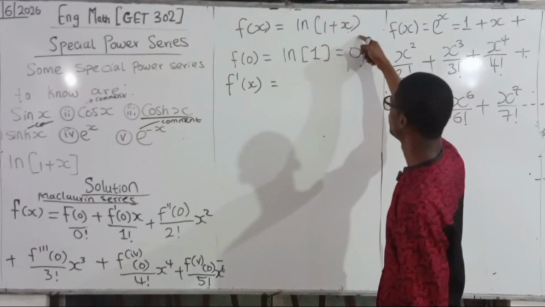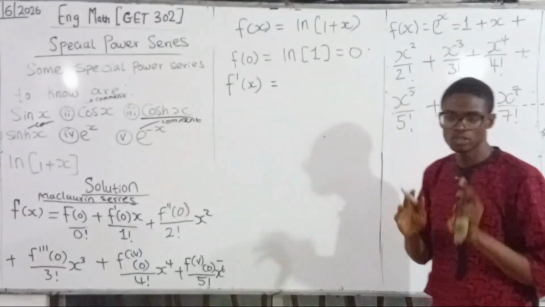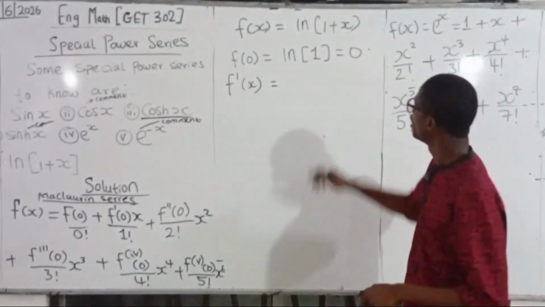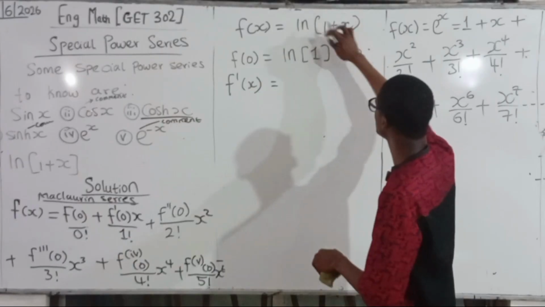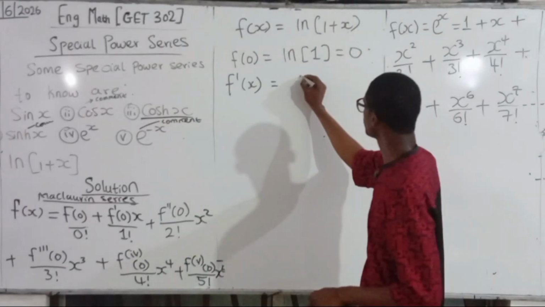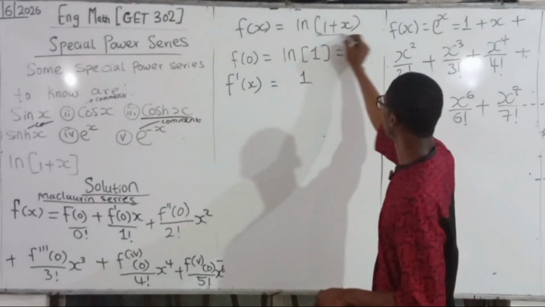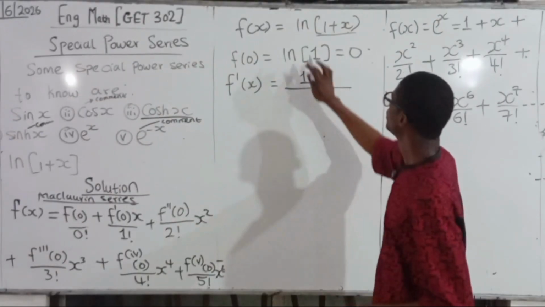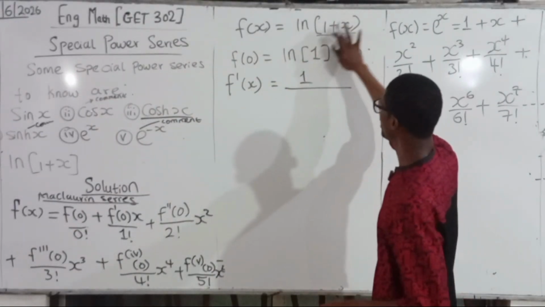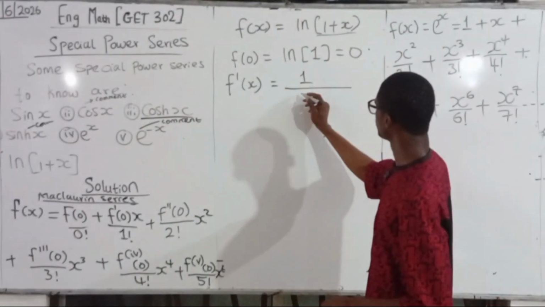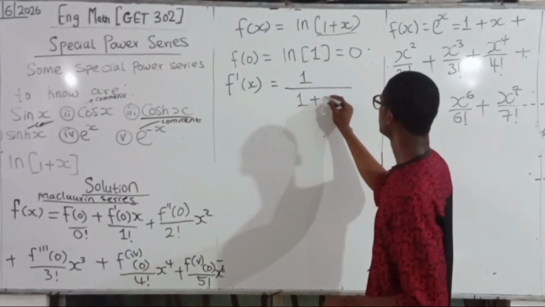Differentiating this guy, that's another thing you need to know: the derivative of ln. To differentiate ln, differentiate what is in the bracket first. You get 1. Differentiate what is in the bracket, you get 1 all over, then write down what is in the brackets, forgetting about the ln. So you now have 1 plus x.